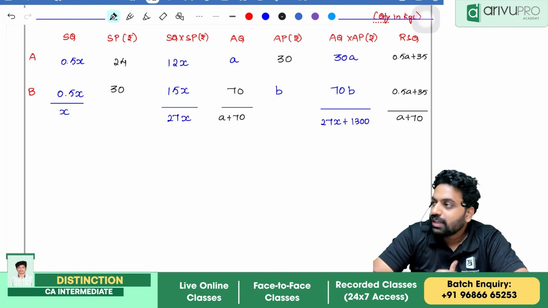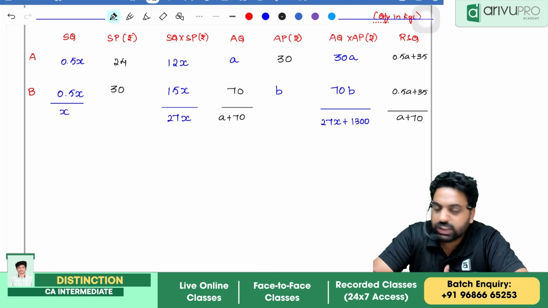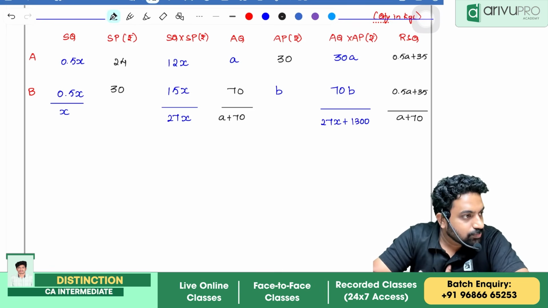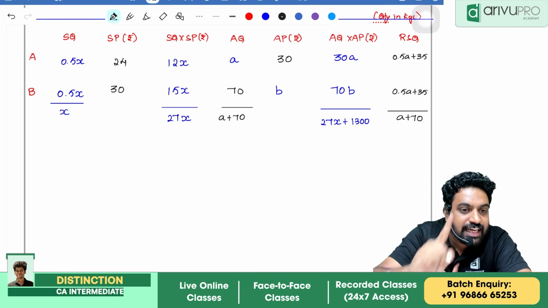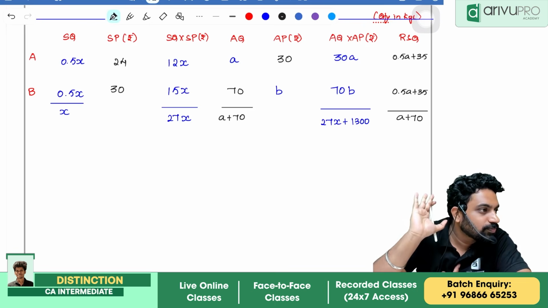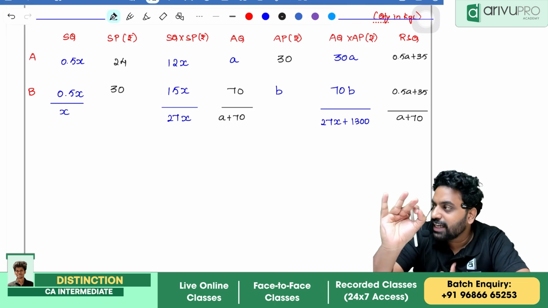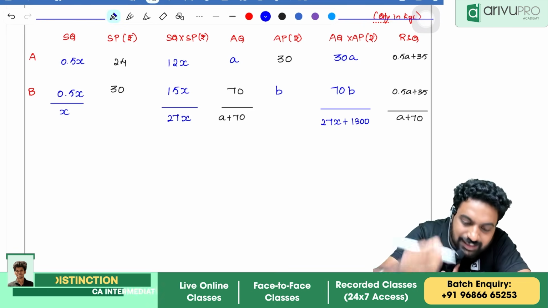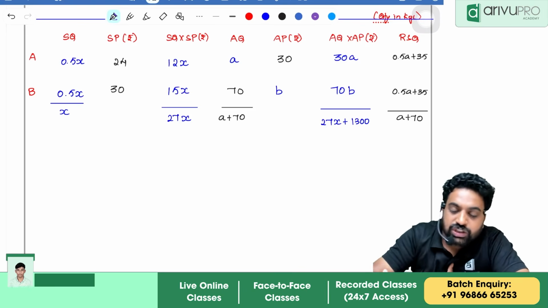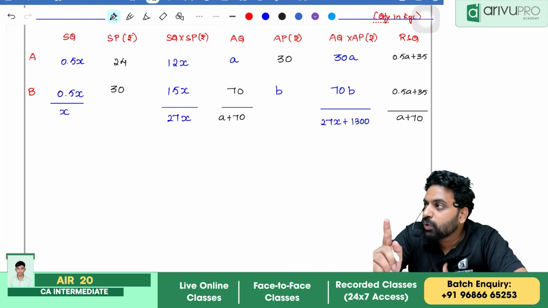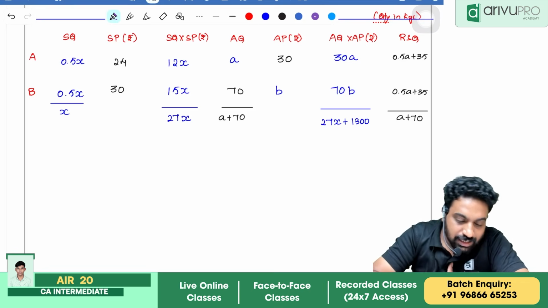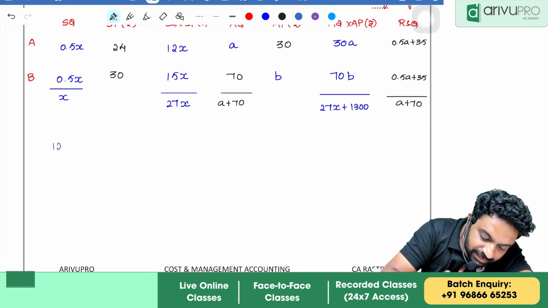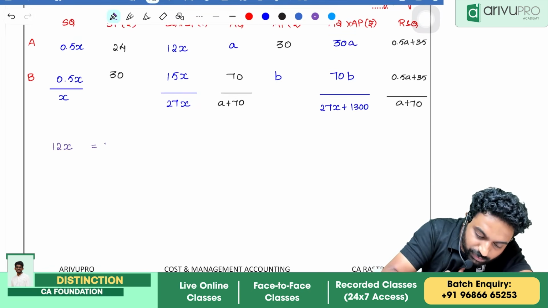Now let's see, using this information what and all we can do. First information available, cost variance of A is 0. That means can I say standard cost of A is equal to actual cost of A? Yes. So can I write 12x is equal to 30A?